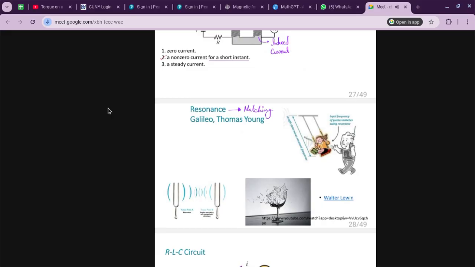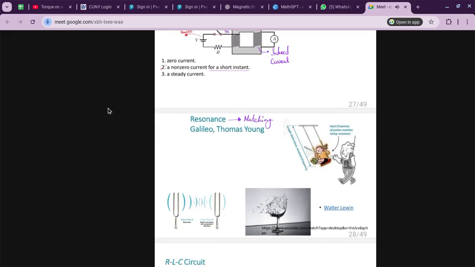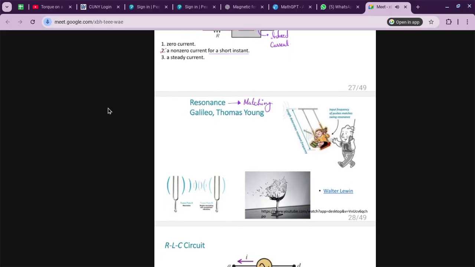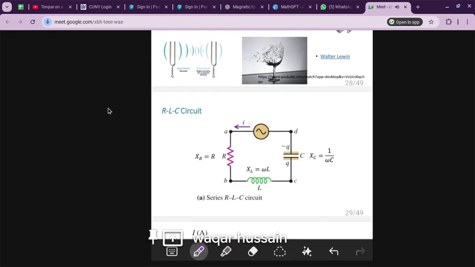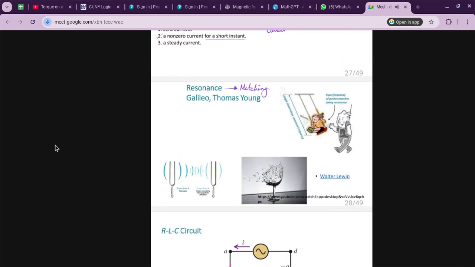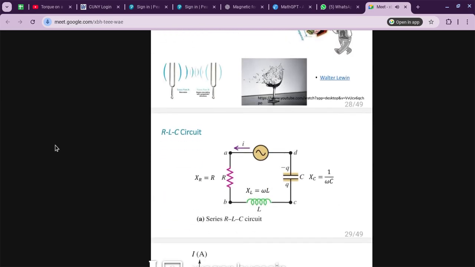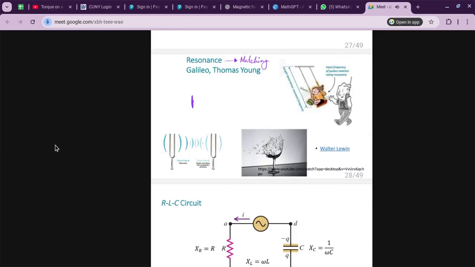So everything is in motion, and if everything is in motion, it will radiate with a certain frequency. For suppose the particle is vibrating at its mean position, and its frequency is 50 hertz.